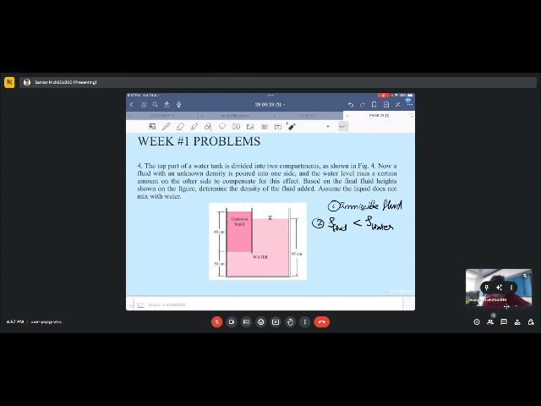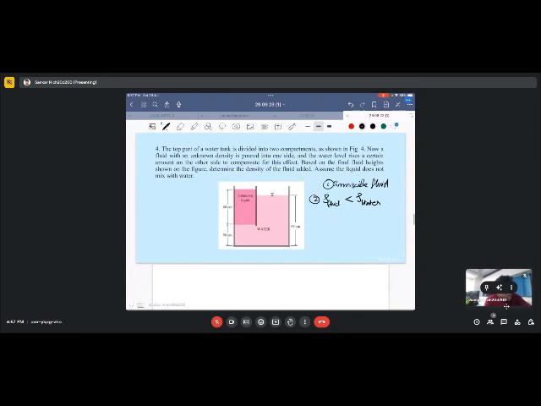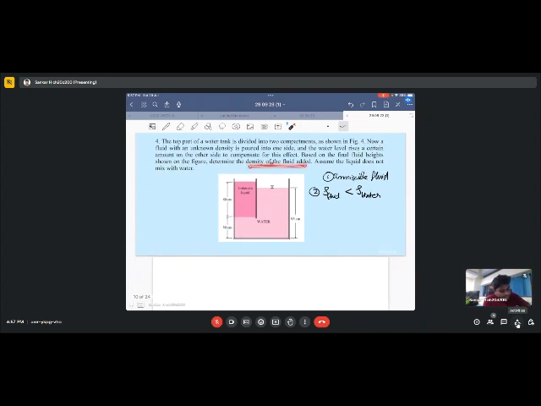Since this is an unknown liquid that's added, the water level has in fact risen. So what we need to do is find out the density of the fluid. That's the question that's been asked.